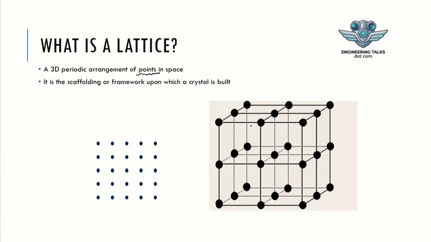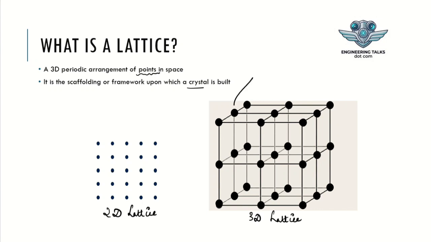So this lattice gives us the underlying structural geometry. It is the framework or scaffolding upon which the crystal is built. If we replace the points with the actual atoms, we get the actual crystal. So here I have shown a 2D square lattice, and this is a 3D cubic lattice.